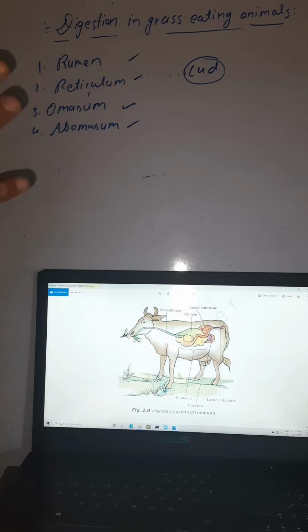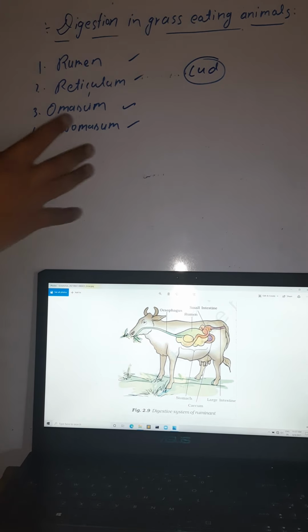Are you getting this? This is how digestion takes place in cows. After this, the food goes into the large intestine. So this is all about digestion in the cow.